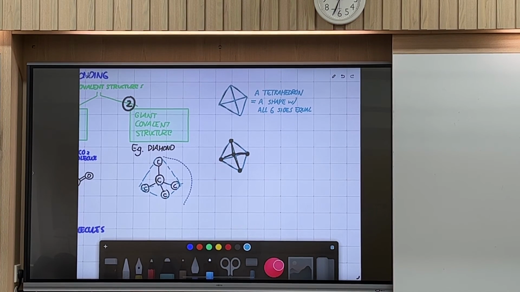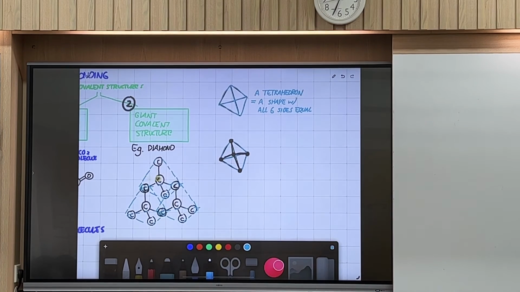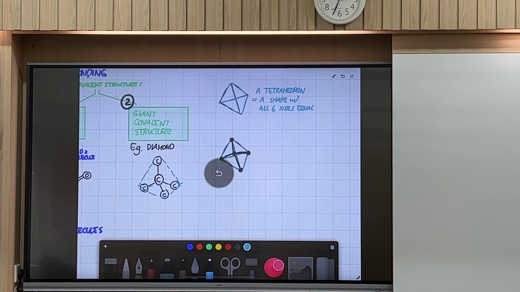I know you can't do this, but I can. Try your best to copy what I'm doing, and then you'll be able to draw the structure of diamond. You just have to repeat this structure.